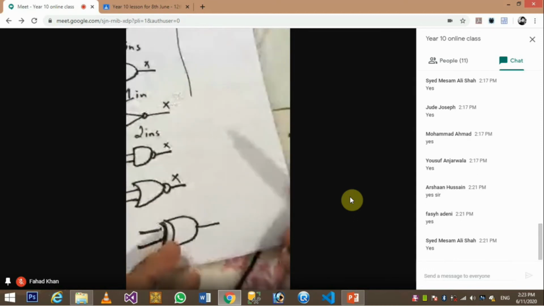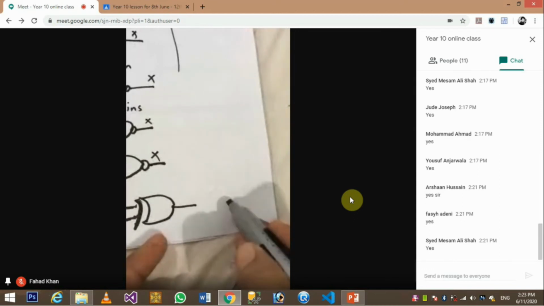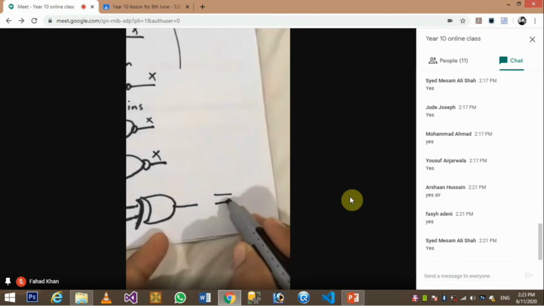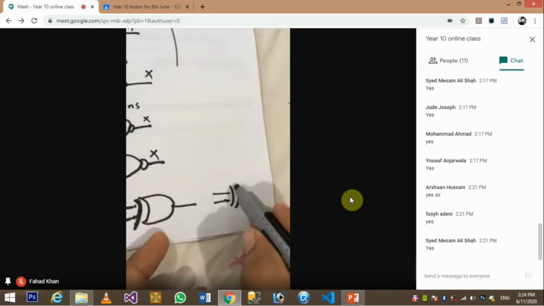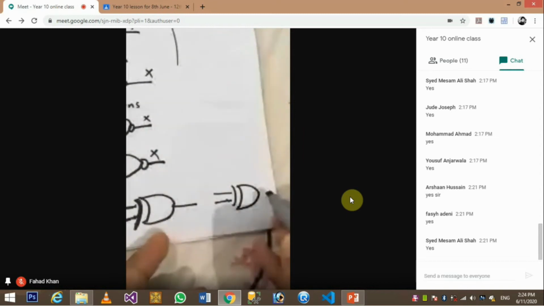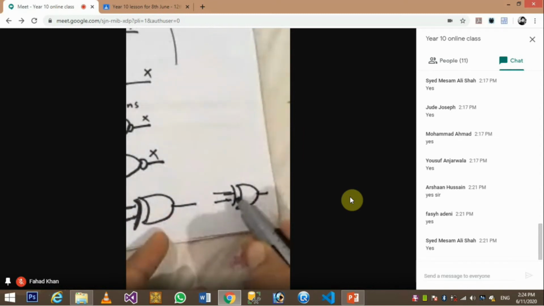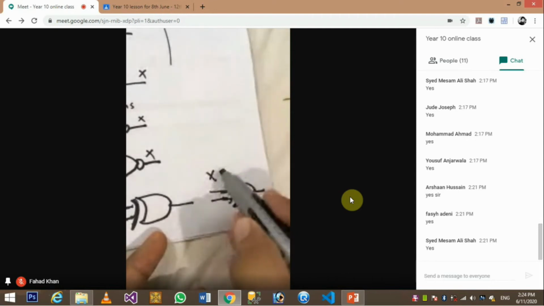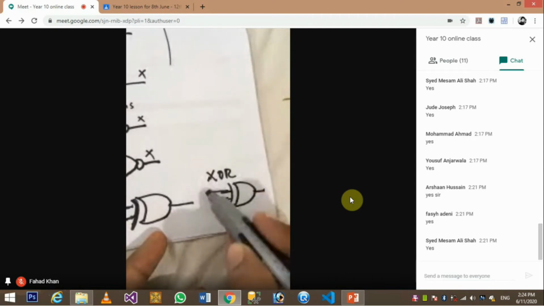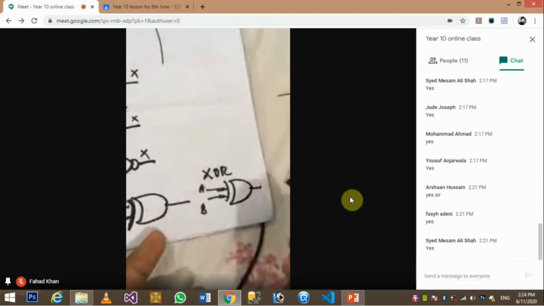I can draw it over here too. That's the representation of XOR, having this A, this B, and the output X.